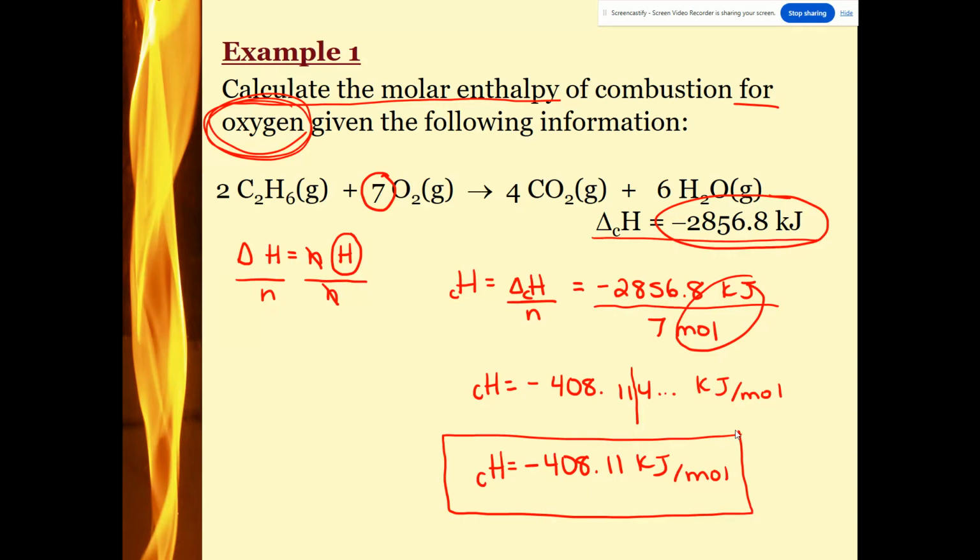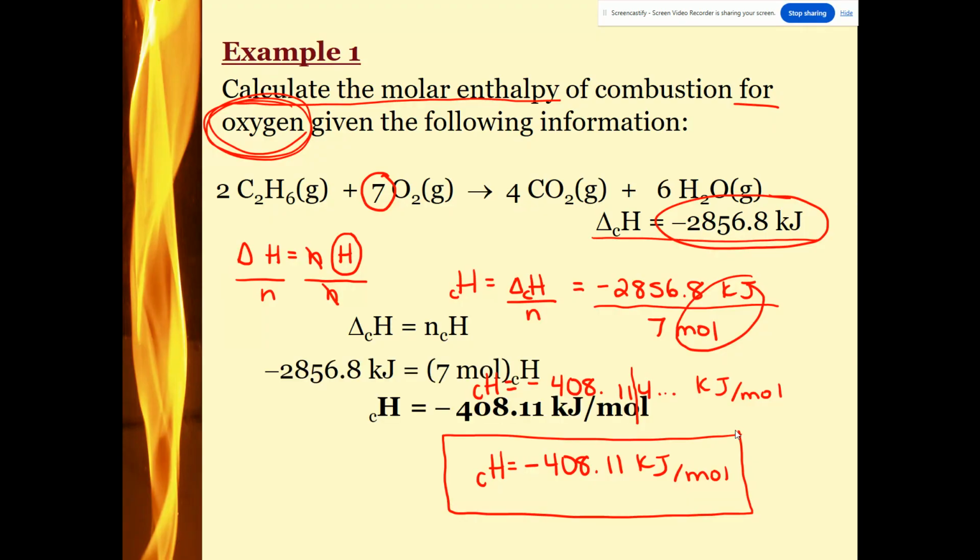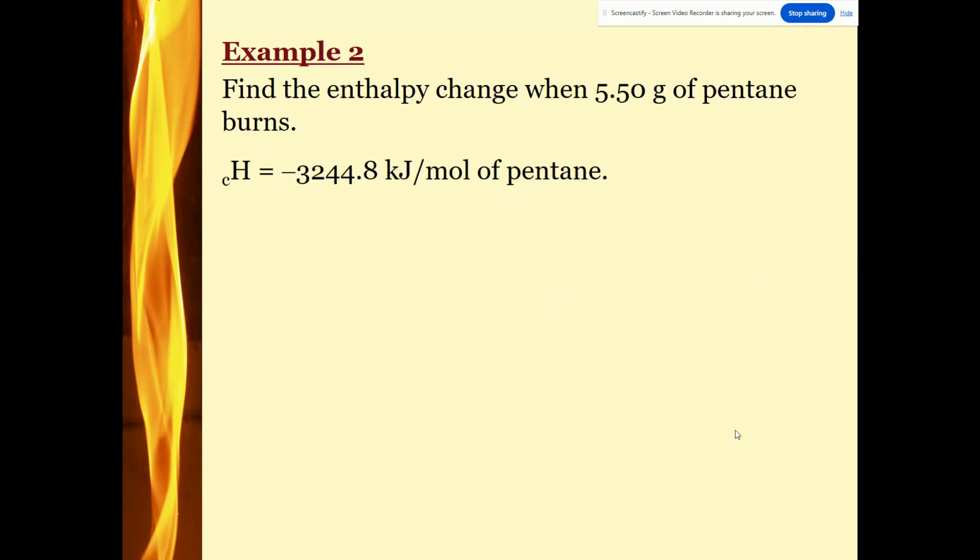Okay? Let's look at another example. Find the enthalpy change when 5.5 grams of pentane burns. So this time I'm given a mass. I'm not given a reaction, I'm given a specific mass. Now pentane, what is pentane?